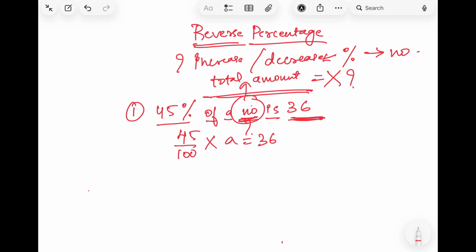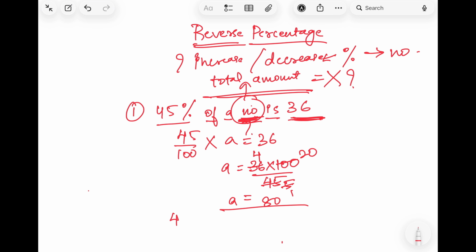So you will write A equals 36 into 100 upon 45. So 9 4s are 36, 9 5s are 45, and then we cancel this. What do we get? 80. So A is 80. That means this number is 80.